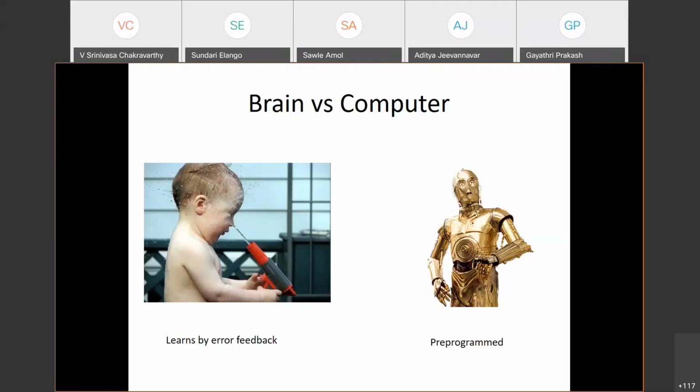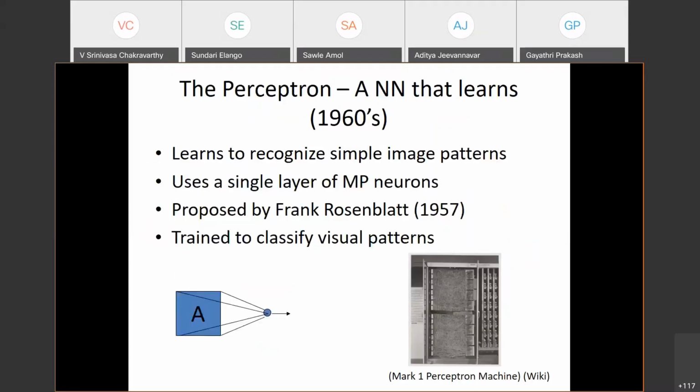Whereas if you look at a computer, even a robot designed like a computer and not some kind of neuromorphic modern robot, it's all pre-programmed. You have to program it, and then it just follows the program. These differences between a computer and the brain started becoming obvious over the following decades.